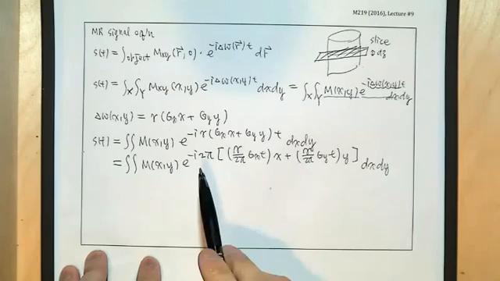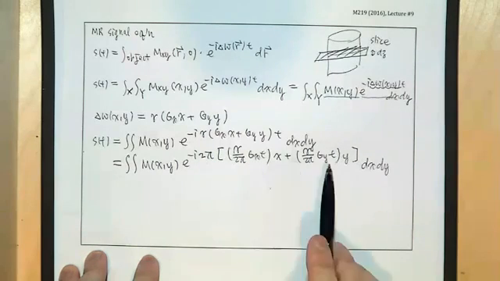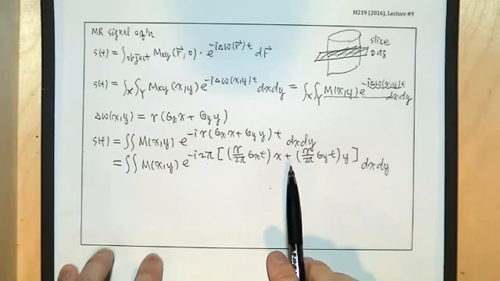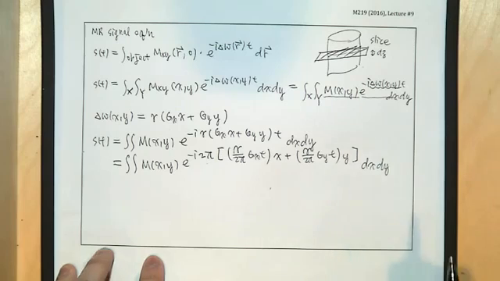So I'm introducing the factor 2π, and then I'm grouping gamma with the G, Gx, Gy terms together. So some of you might know where this is going, but let me make some definitions.